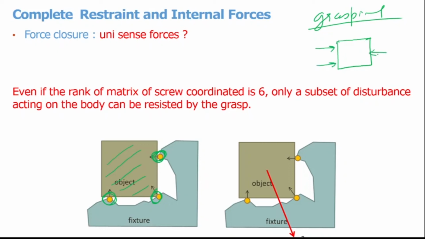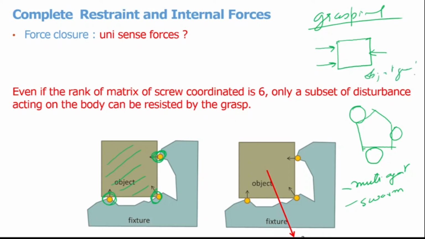Or let's look at an object with multiple mobile robots. One robot is here, one robot is there, one robot is there. So this is a multi-agent swarm. They all mean the same thing. Then this is just simple object grasping. The theory and the maths is the same.